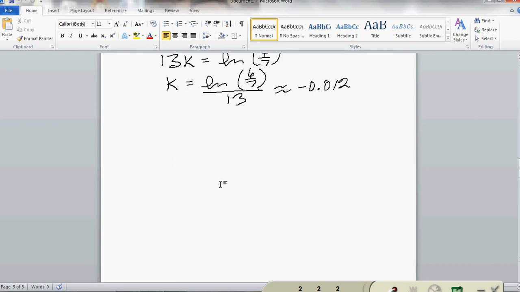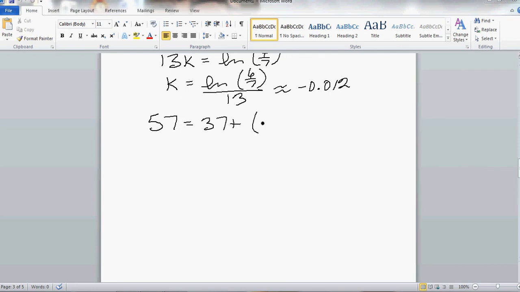We want to know when it will be 57 degrees when the room temperature is still 37. It started out at 73, minus the room temperature of 37, e to the negative 0.012 t. And we need to find out how much time this will be.